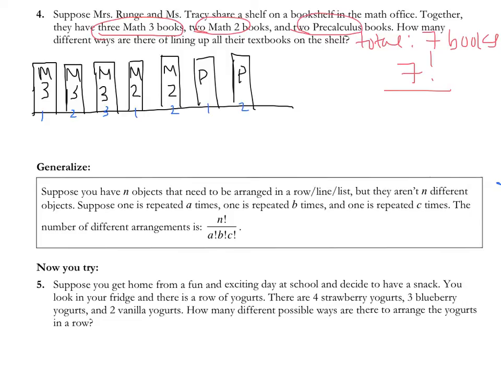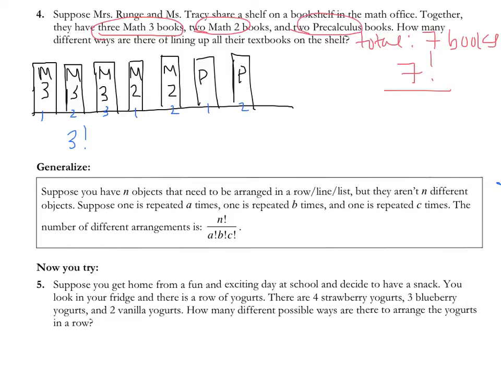So let's first think about if we want the 3 Math 3 books to be in these 3 slots, how many different ways can you put those 3 books within these 3 slots? Well, there's 3 factorial ways of doing that. So there are 3 factorial different arrangements that have these Math 3 books where they are, but this calculation treats them as different because book 1, book 2, and book 3 are in a different order.